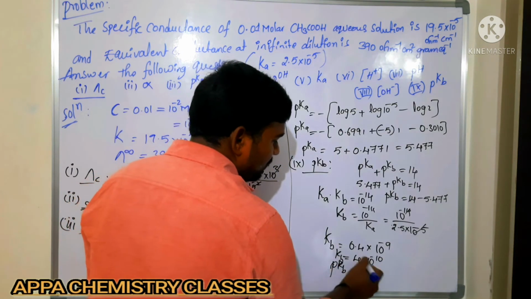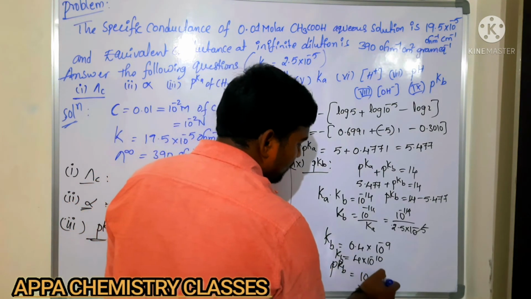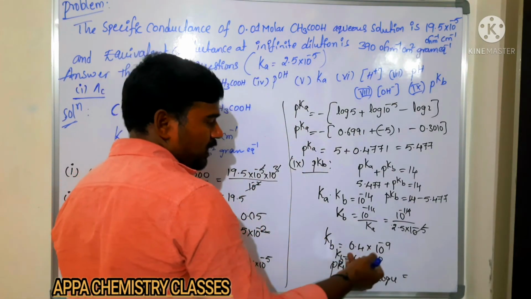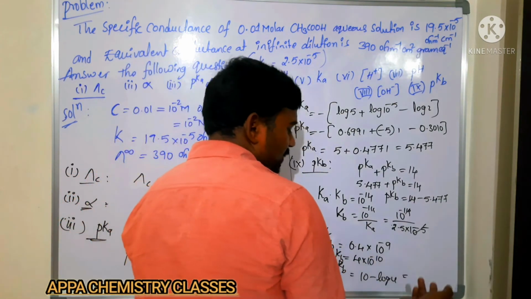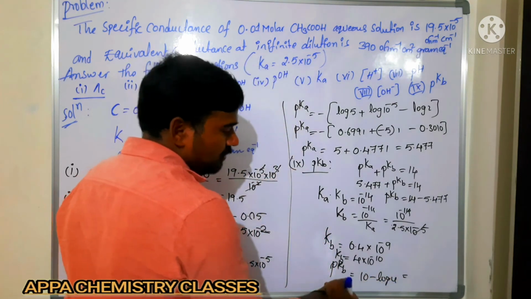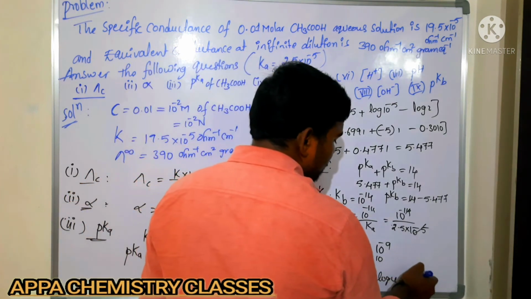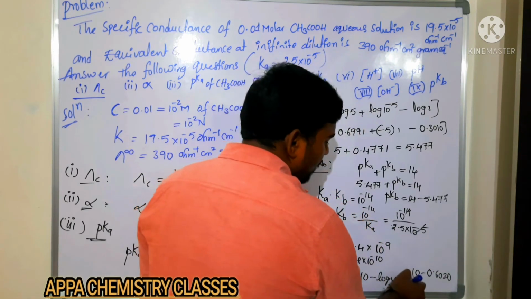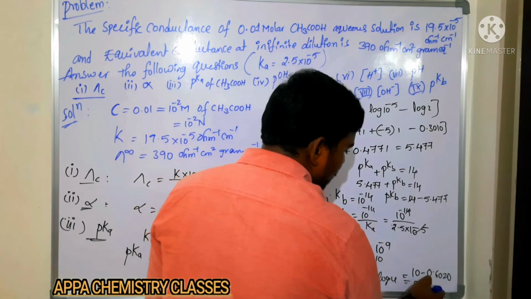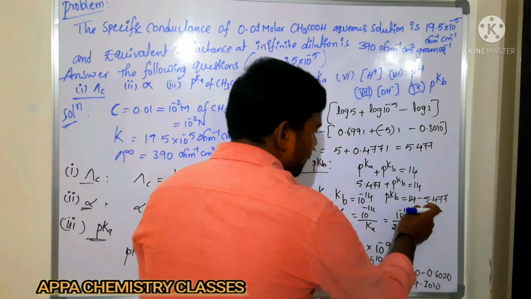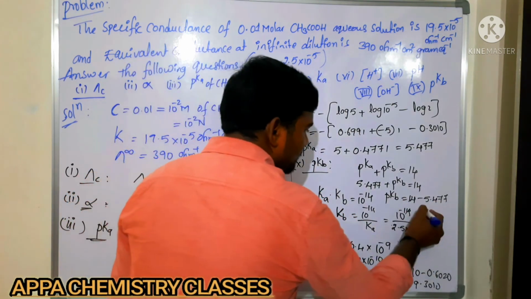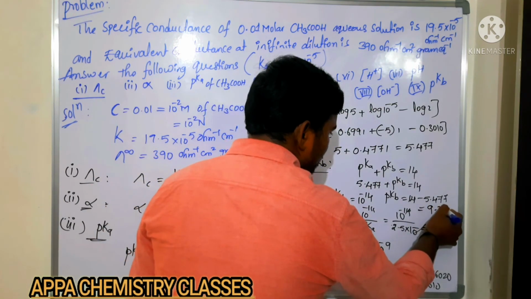If you apply logarithm on both sides in the log a plus log b form, you will get this. So 10 minus log 4, that is 10 minus 0.6020, you get 9.3010. That is 14 minus 5.477, if you do also, you will get this value only, 9.3010.